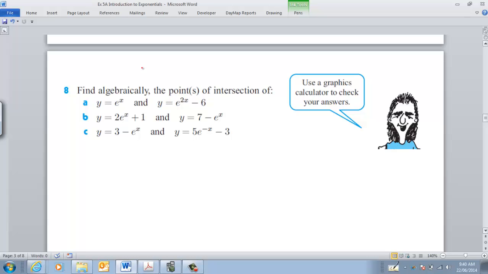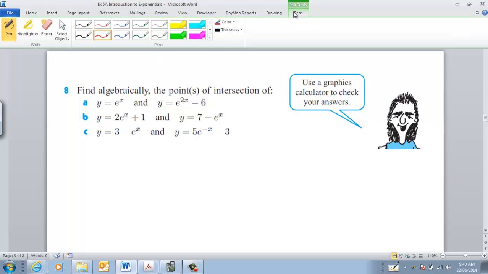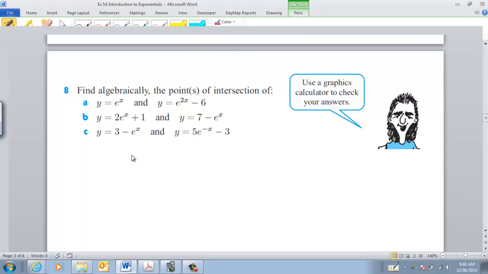Now, we know if they're going to meet, then they have to have the same y coordinates at that point.